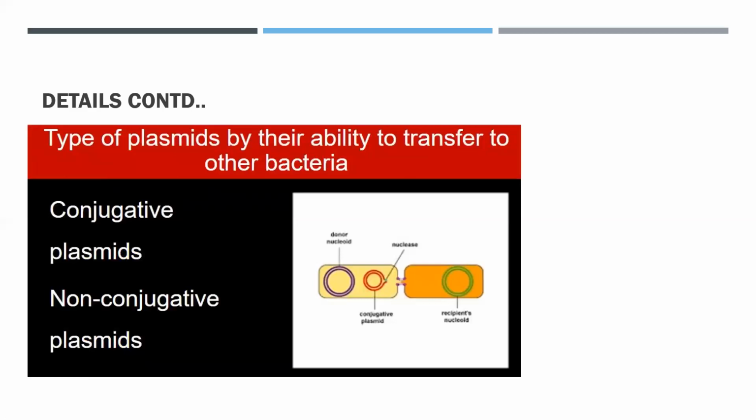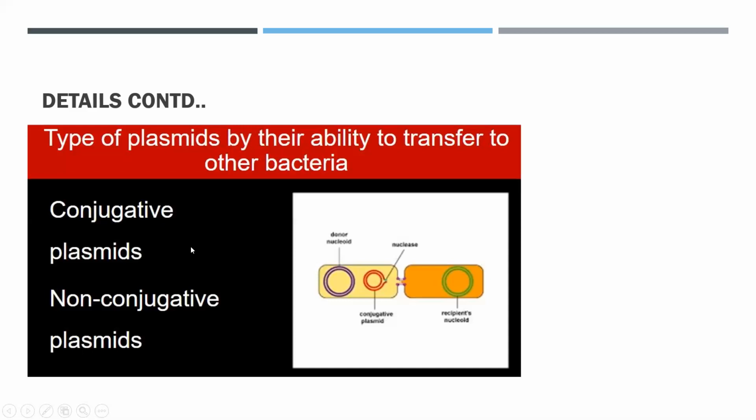Conjugative plasmids carry a set of genes that facilitate the bacterial conjugation process, and non-conjugative plasmids do not possess such genes.